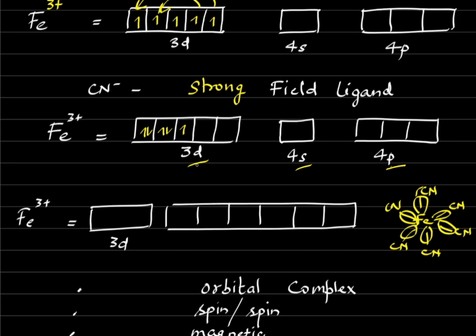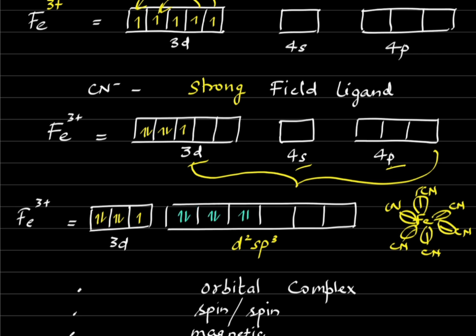For that, 2 3d, 1 4s, and 3 4p orbitals will undergo hybridization to give 6 d2sp3 hybridized orbitals. Now 3d orbital would look like this, having the electrons of iron, and 6 d2sp3 hybridized orbitals will then arrange themselves around central metal ion in such a way so as to minimize repulsion, which gives us octahedral shape. Now these orbitals are ready to accept electrons from 6 cyanide ligands.